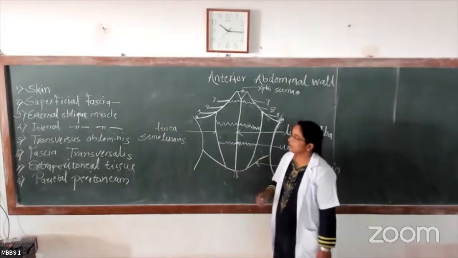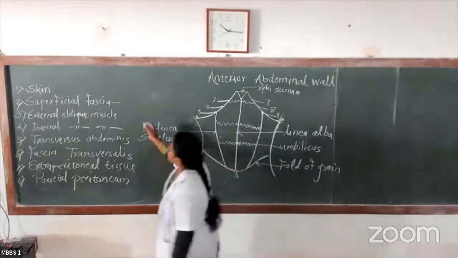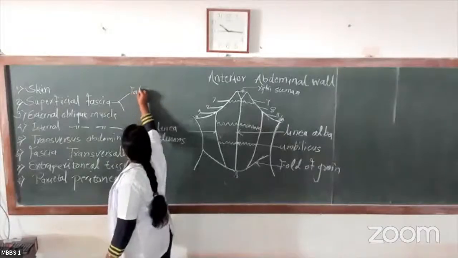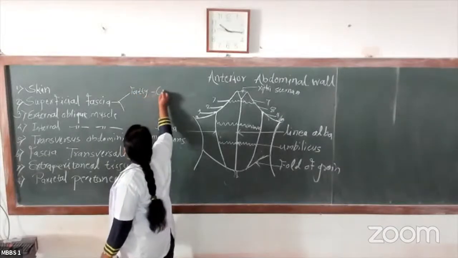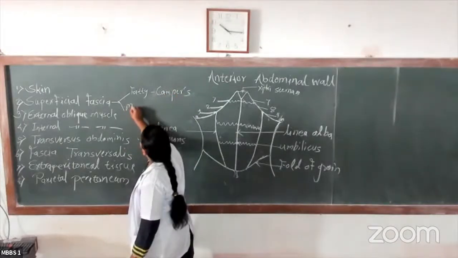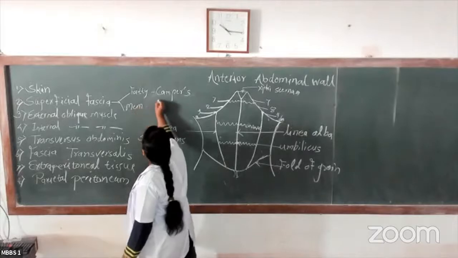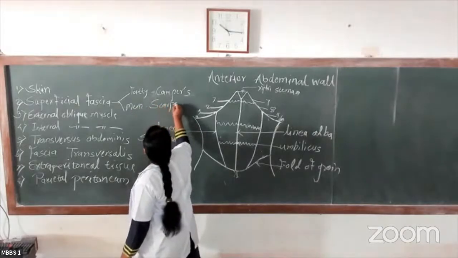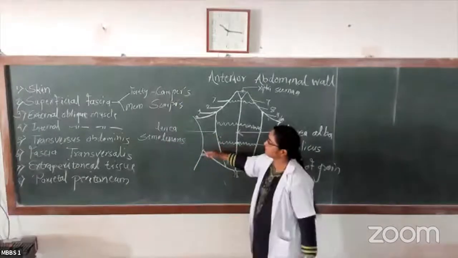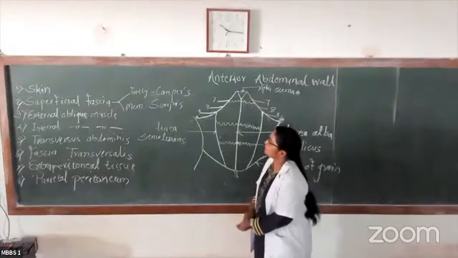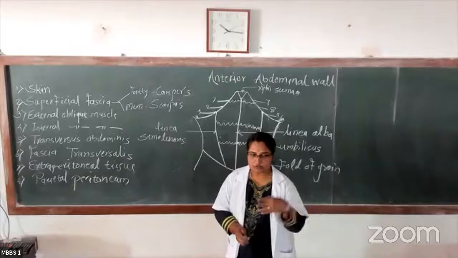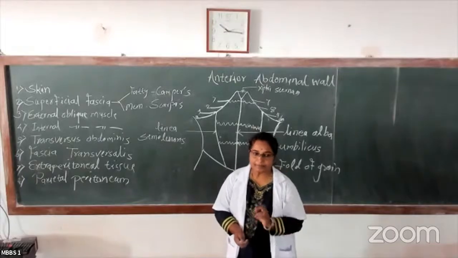But below that, this superficial fascia has two layers: a superficial fatty layer, which is called Camper's fascia, and a deep membranous layer, which is called Scarpa's fascia. So, below the line joining the two anterior superior iliac spines, the superficial fascia is present in two layers, superficial fatty layer and deep membranous layer.